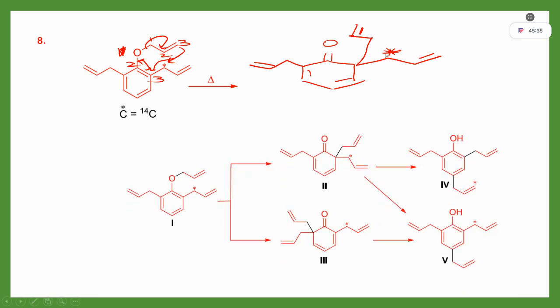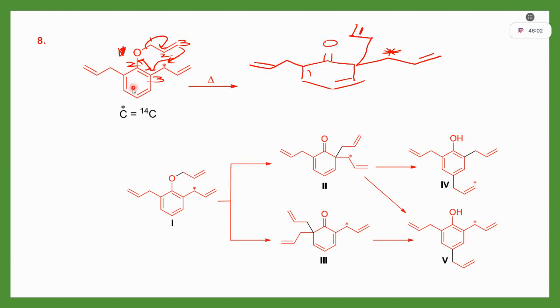So, let me tell you the answer here. Basically, first Claisen rearrangement will take place. Okay. 1, 2, 3, 1, 2, 3. Claisen rearrangement, I have formed products in the same way as they have formed. Another possibility is that this Claisen rearrangement can take place from the left side also. If you draw that double bond here, I hope you got it.